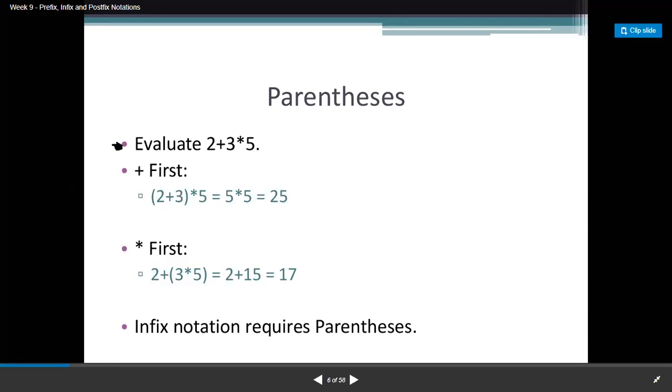But if for some reason you want to make sure that the plus sign gets executed first, you have to add a bracket, because bracket has higher priority. This is actually not needed for human language, because we know that multiplication always goes first, gets higher priority than plus.